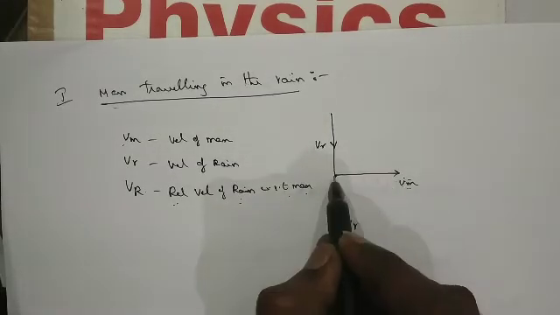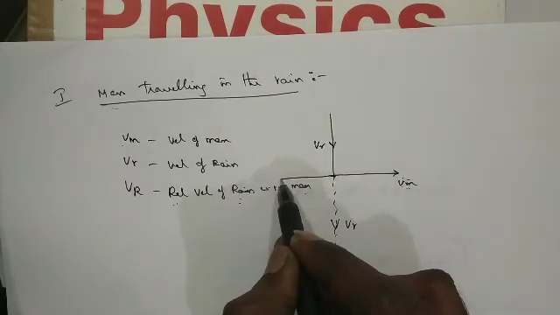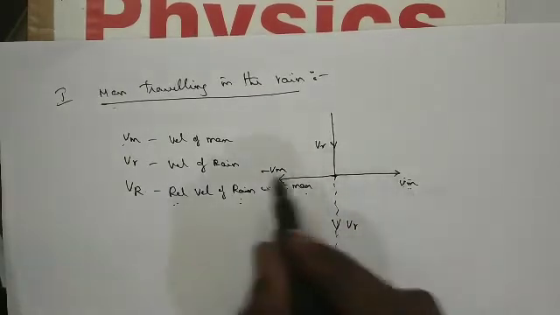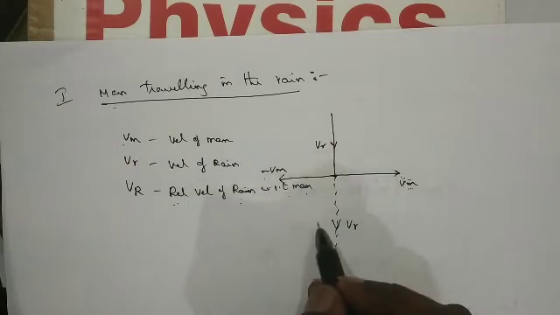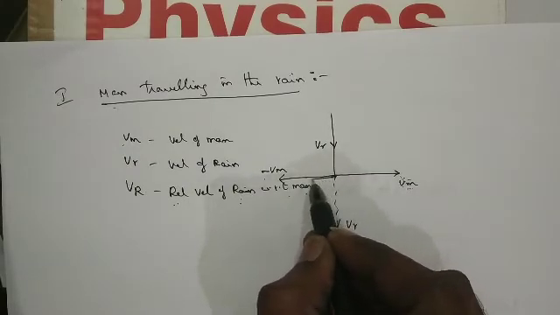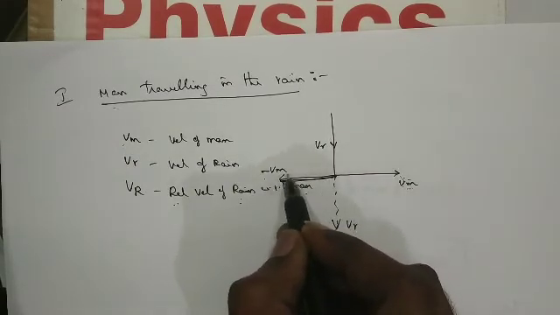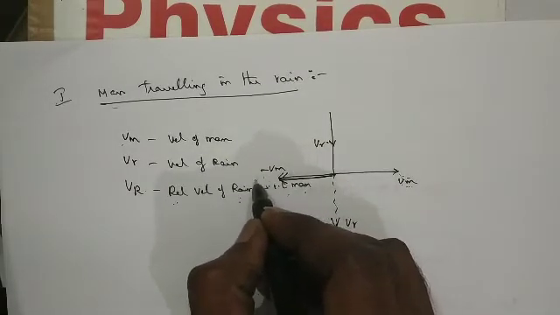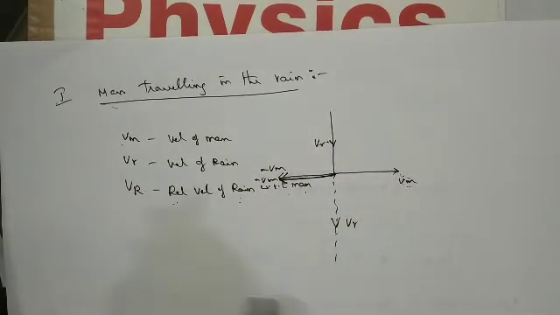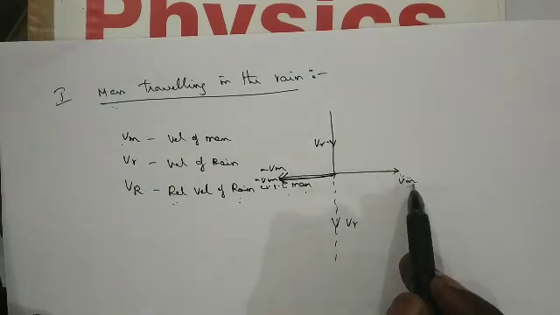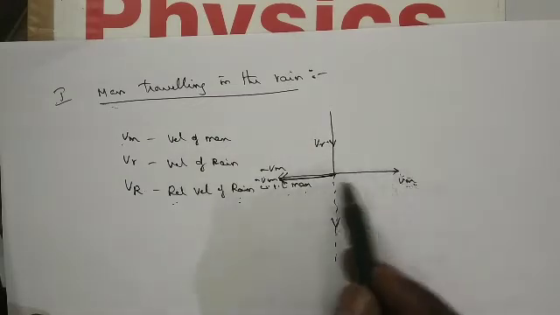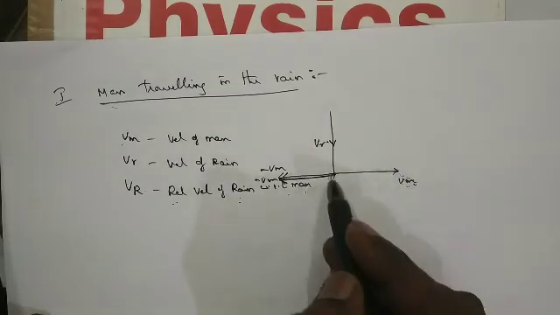So we are going to put an equal and opposite velocity of the man, minus Vm, here, so that these two will be cancelled out. Again, the next one is minus Vm, we need to put for Vr. So that is again minus Vm. Two times we need to put. So impose equal and opposite velocity of the man on both the man as well as the rain, so that the man is brought to rest.